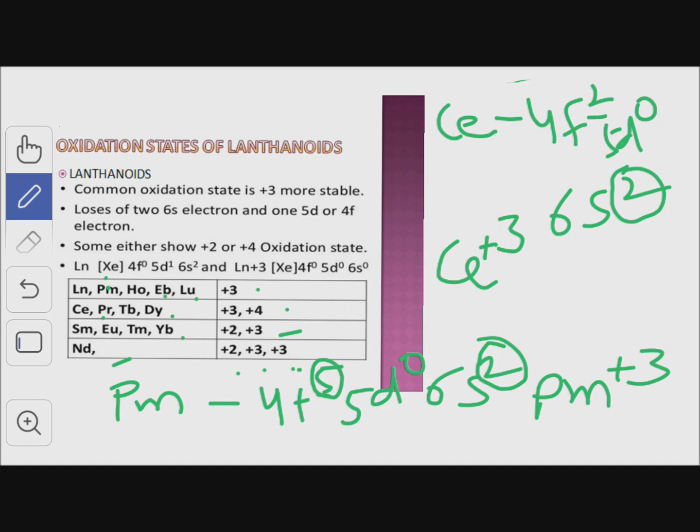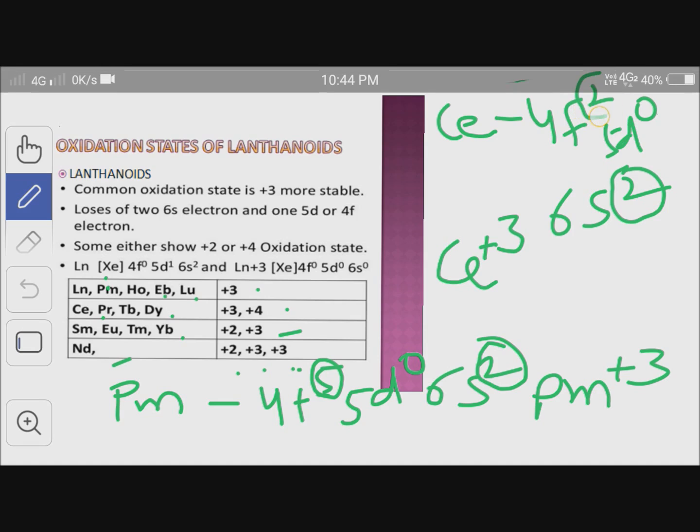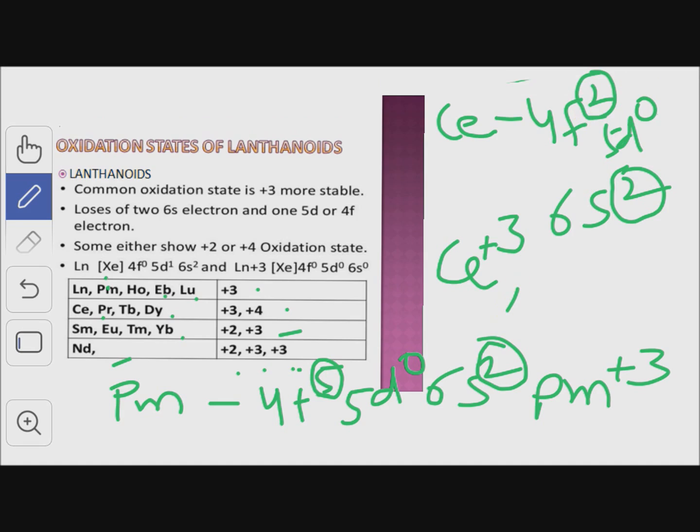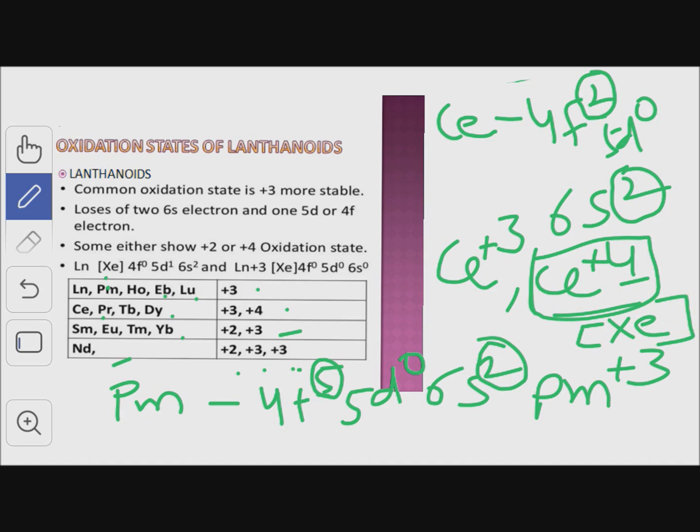And by losing the 2 electrons from the 4f orbital as well, it acquires +4 oxidation state, which is more stable for cerium, because after losing the 4 electrons it is left with the stable noble gas configuration, equal to xenon.